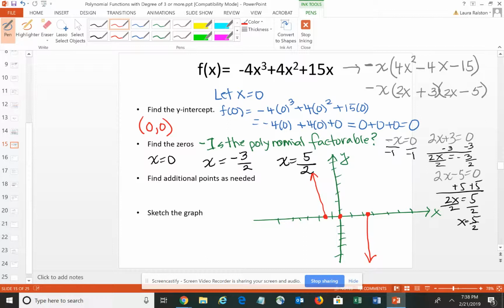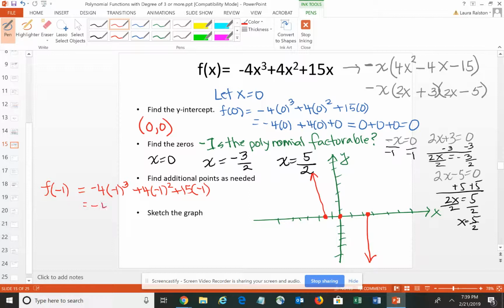So I need a sense of what's going to happen here in the middle. And quite honestly, the only way to do that is going to be to pick a point and plug and chug. So I need to get an idea of what's happening between 0 and 1 1/2. So maybe I'm going to come off over here to the side and figure the value for negative 1. It's a straight plug and chug. Negative 4 times negative 1 cubed plus 4 times negative 1 squared plus 15 times negative 1.